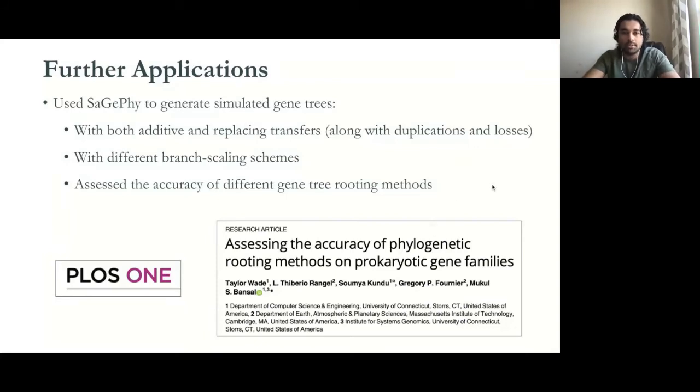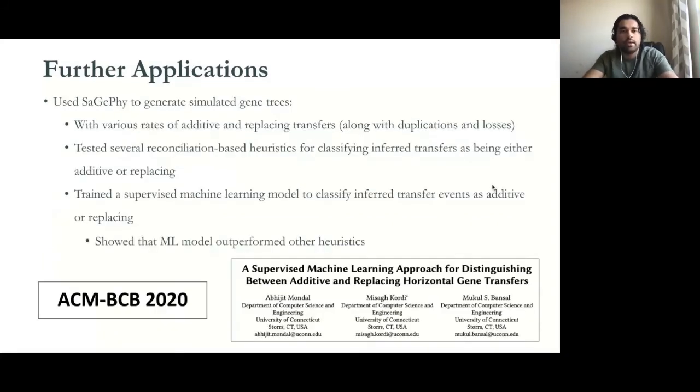So this is work that applies the simulation framework, and also recent work that was published at ACM-BCB 2020 uses SaGePhy to generate simulated gene trees with, in this case, different rates of additive and replacing transfers along with the other events. And this tests different reconciliation-based heuristics for classifying the inferred transfers, which we know RangerDTL, which doesn't differentiate between the two types of transfers, does well at labeling as transfers.